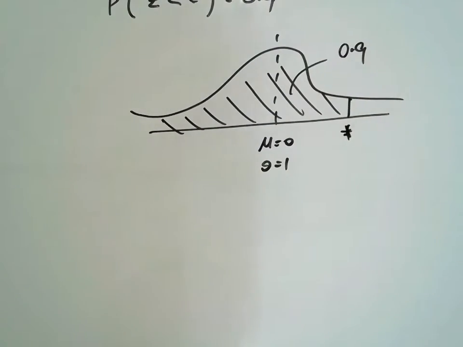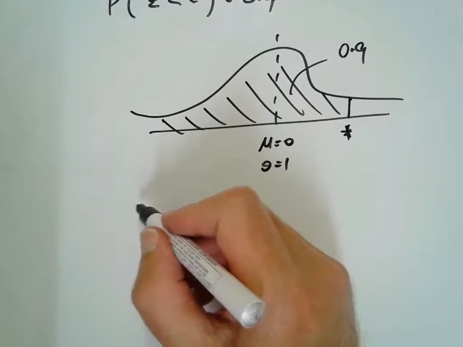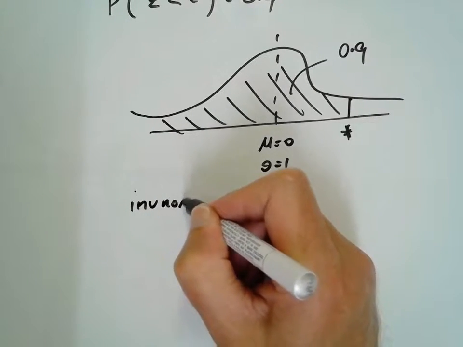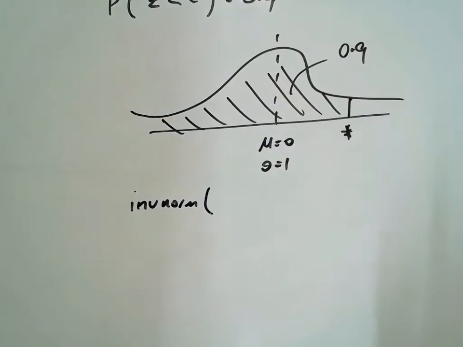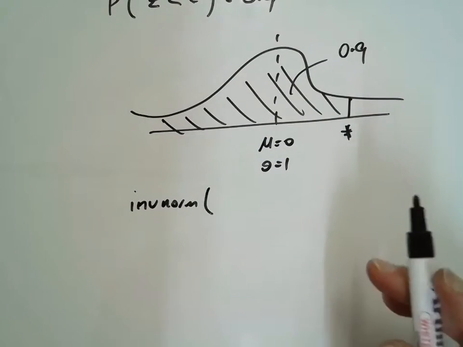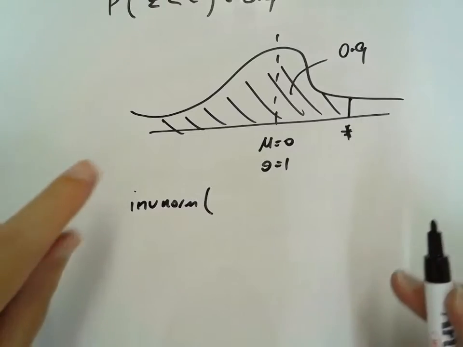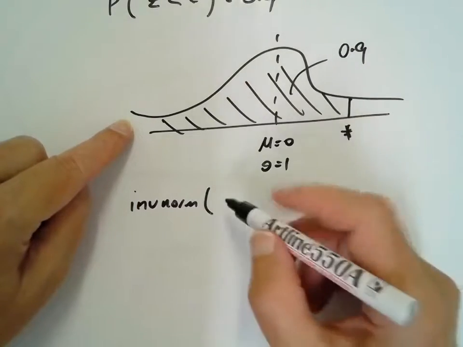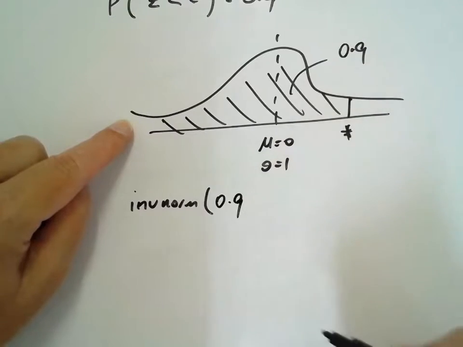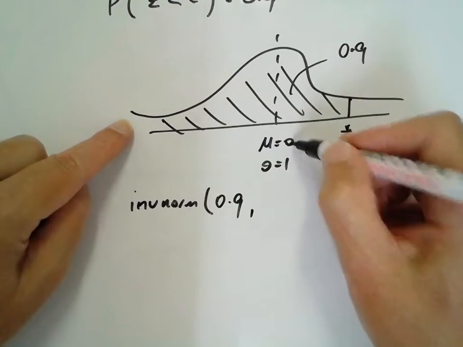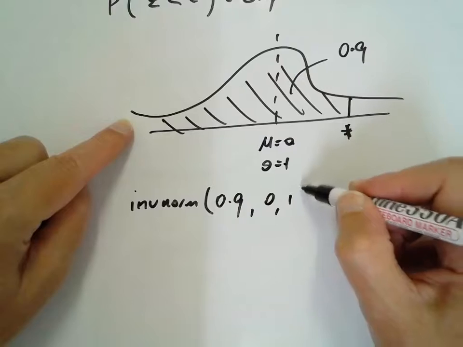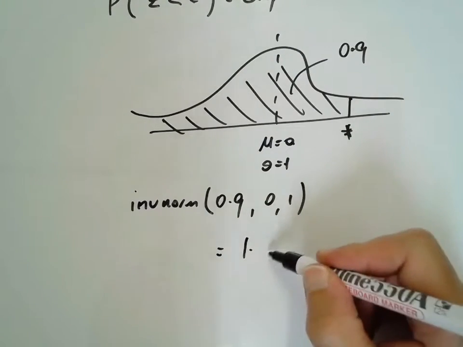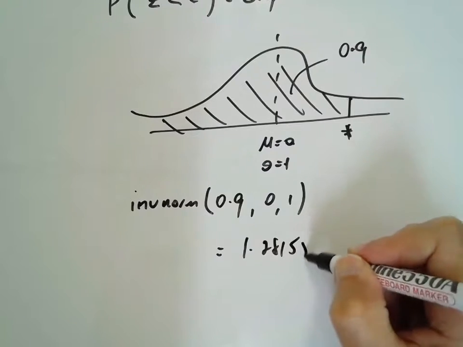Okay, so being the opposite of what we did yesterday, the function in the calculator is inverse norm. The calculator will only measure the area from the left-hand boundary up. So the area comes first, so it's 0.9, and then we're going to put in the mean and the standard deviation, press the go button, and the calculator comes up with 1.28155.